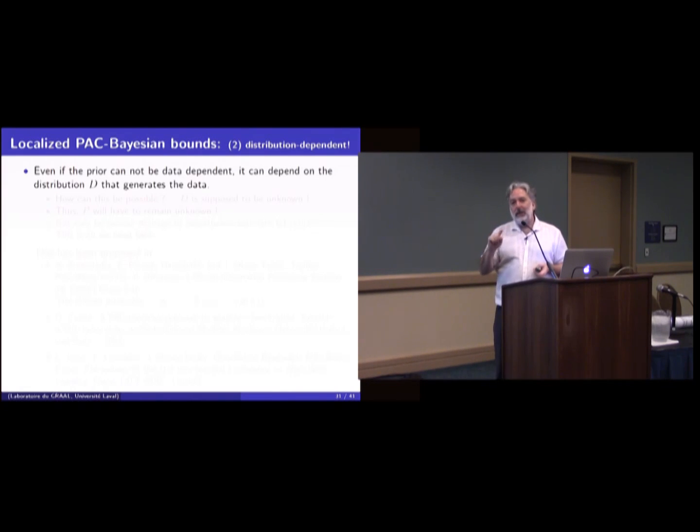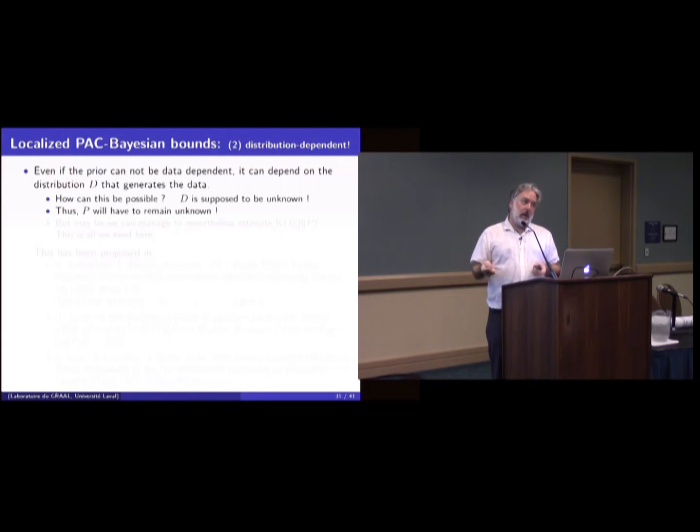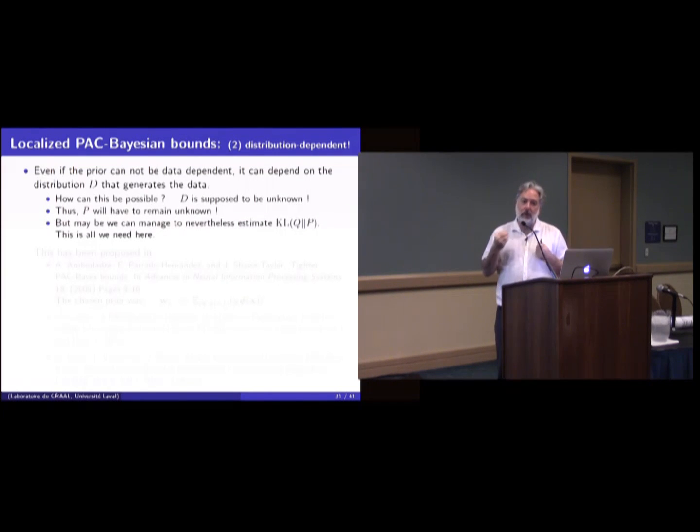I remind you that the prior cannot be data dependent, but it can be distribution dependent, okay? But the distribution is unknown. So if you do that, your prior will be unknown, okay? But this is not really a problem, because you don't need to know the prior P. You just need to estimate the Kullback-Leibler divergence between this prior and your posterior Q. Okay, so this is a way to do that, okay?